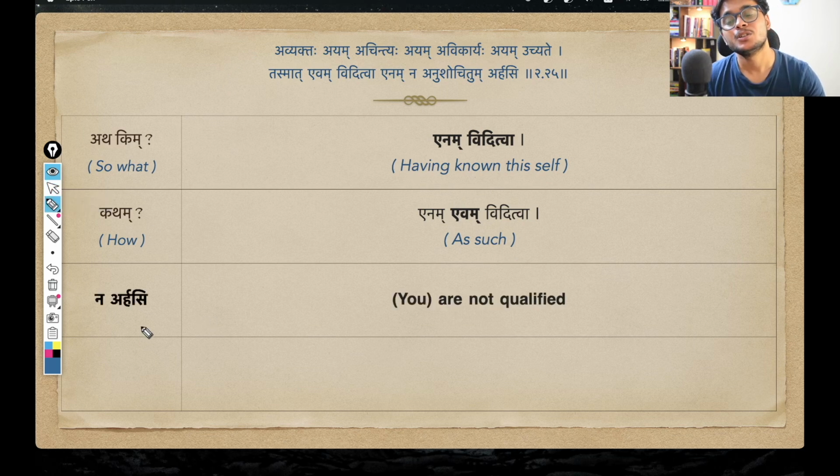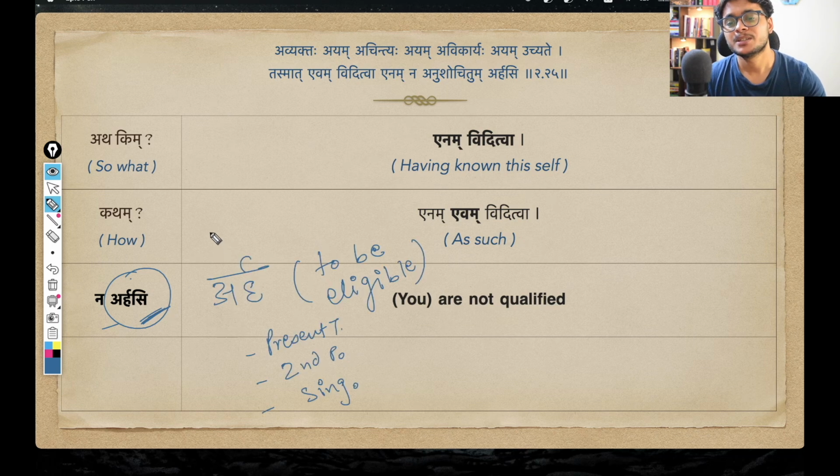And now he continues and says, na arhasi. This arhasi is another kriya pada, and it means that you are eligible, you are qualified, because this kriya pada is coming from the arha dhatu. Arha dhatu means to be eligible for something, to be worthy of something. The form here is the present tense, lat lakara, second person, that is madhyama purush, because Krishna is directly speaking to Arjuna.